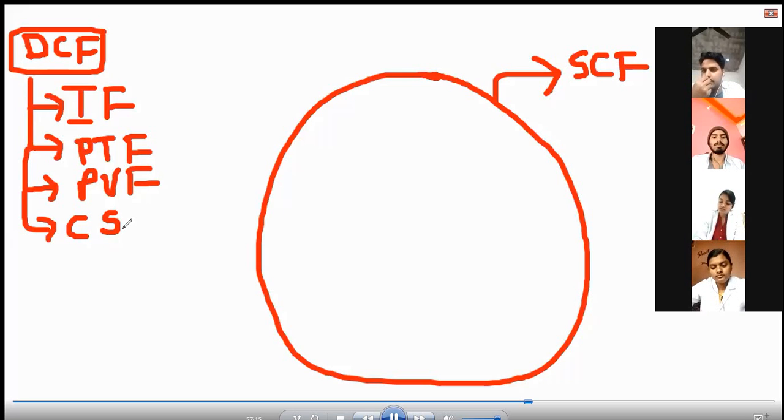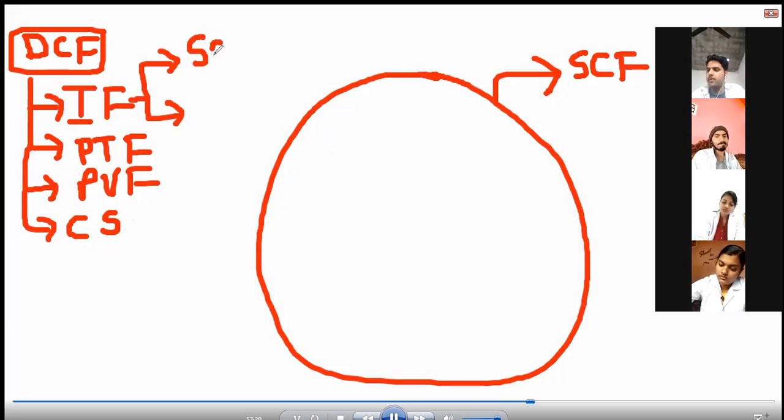Now see here everyone. First of all, we must know what is investing fascia. Investing fascia is covering two muscles. What are the two muscles? Sternocleidomastoid muscle, trapezius muscle.